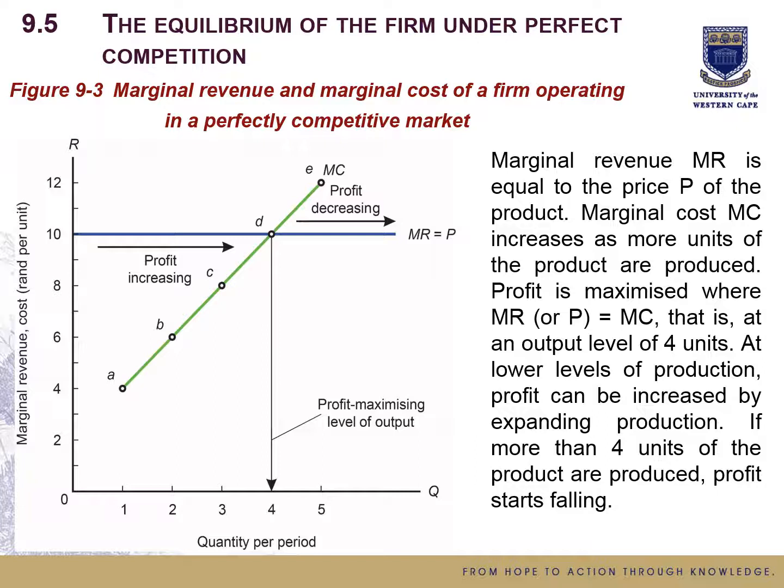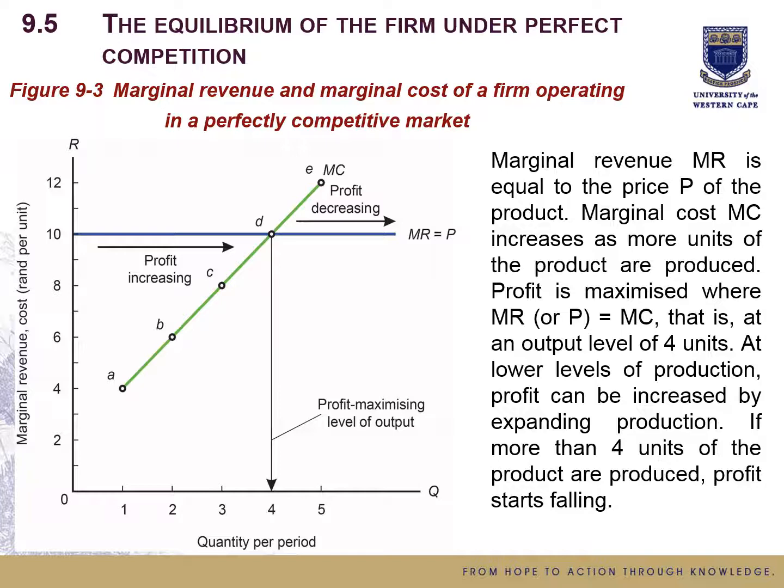Hence, it can add 4 Rand to its profit by producing 2 units. When the firm produces 3 units, the marginal cost is equal to 8 Rand and the marginal revenue is equal to 10 Rand. Therefore, it can add 2 Rand to its profit.